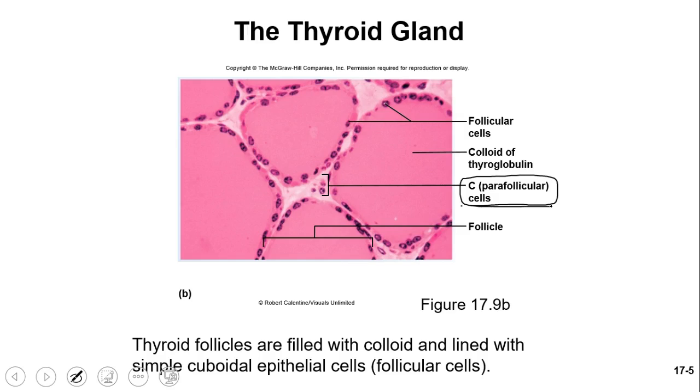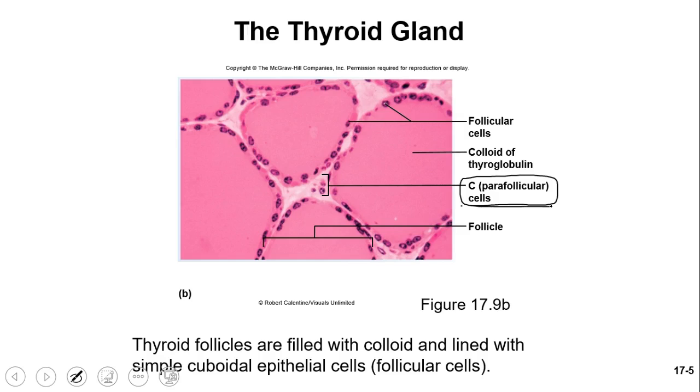They produce calcitonin. But follicular cells are going to produce this colloid of thyroglobulin. Thyroglobulin is a large polypeptide, all of tyrosine residues, and they have iodine added to them.